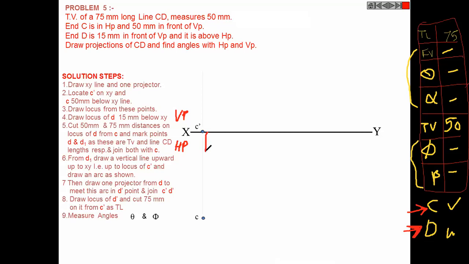So if this is 15 mm, then it can be anywhere here. Am I correct? We don't know exactly where it is with respect to HP, but with respect to VP, we know it is 15 mm. So it will be 15 mm away from this line, anywhere here. Am I correct or not? Yes. Now what?